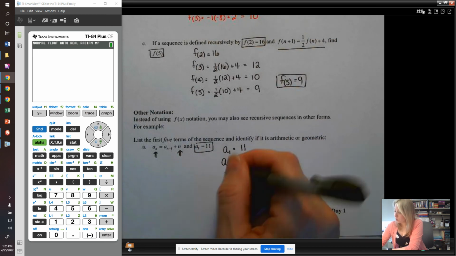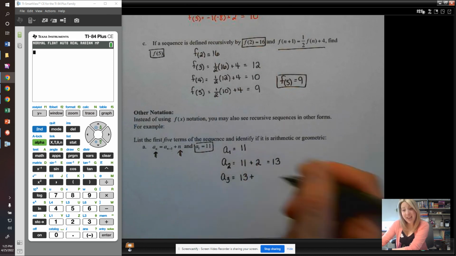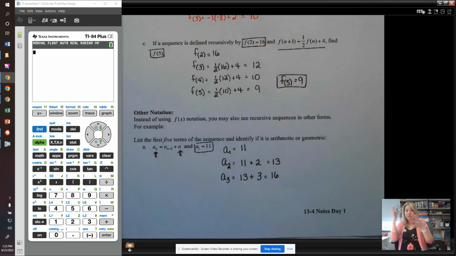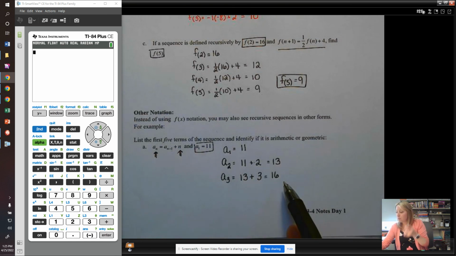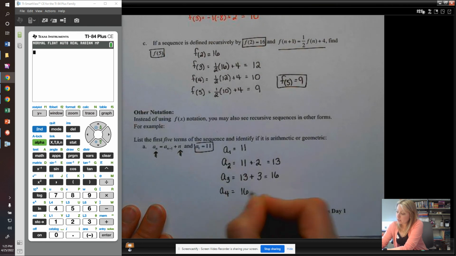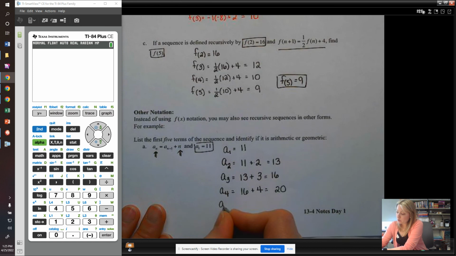Well, now for the third term, I take my previous term 13, but I'm adding to it 3 to get to the next term. So what I've added has now changed along with my term number. So what I'm actually adding each step along the way is different based on the term number. So a subscript 4 is 16 plus 4. And now a subscript 5 is 20 plus 5, or 25.